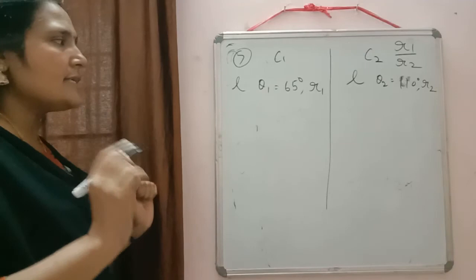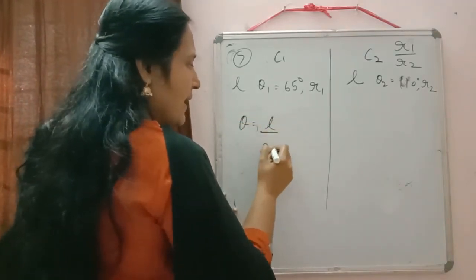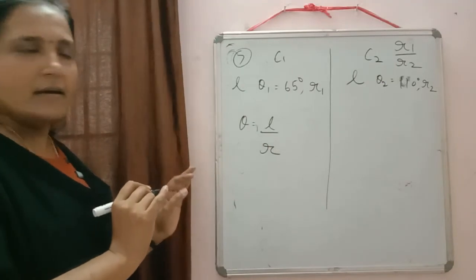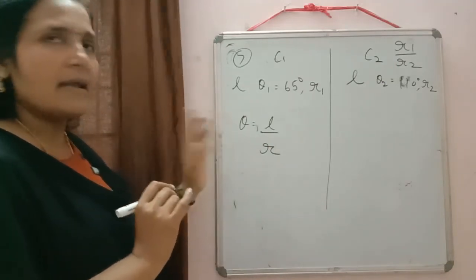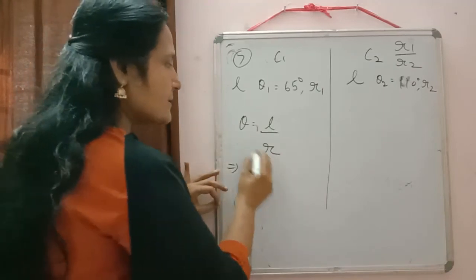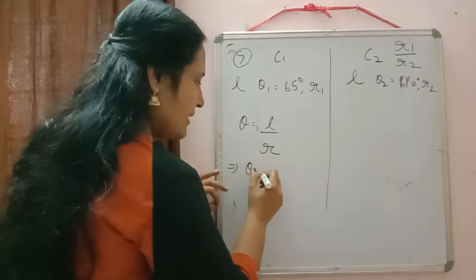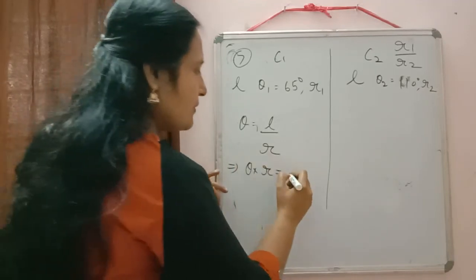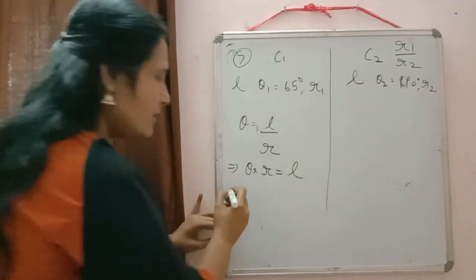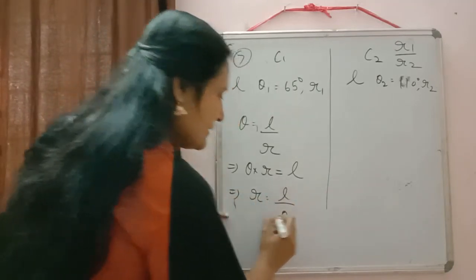So what is the relation we have? We know theta is equal to L by R. Correct? So from here, if I have to calculate the radius, how will I do it? First I will shift the radius to the left hand side. Then it will be theta into R is equal to L. So from here we will get R is equal to L by theta.